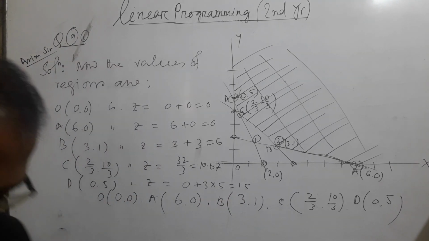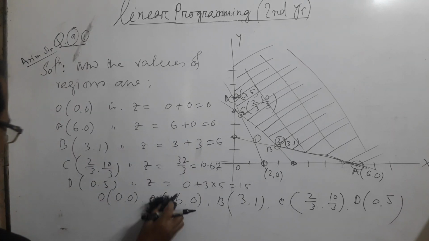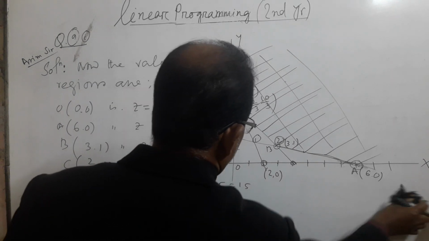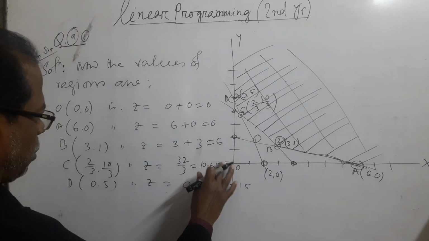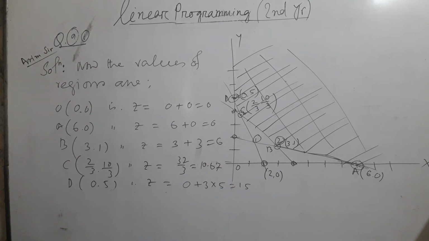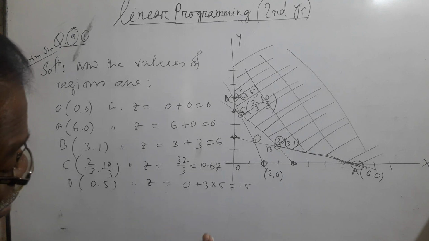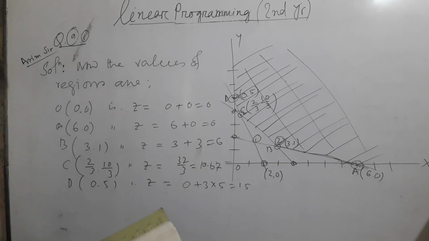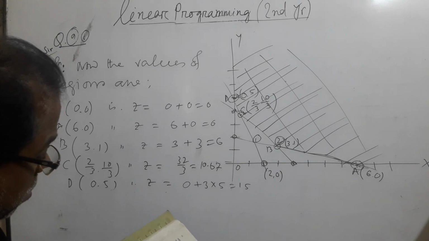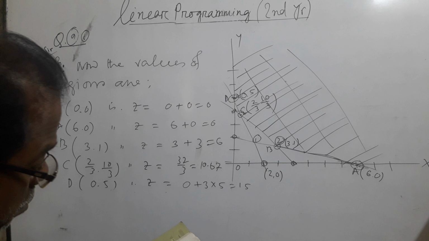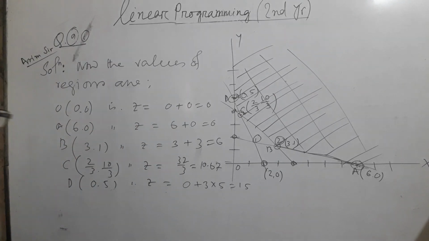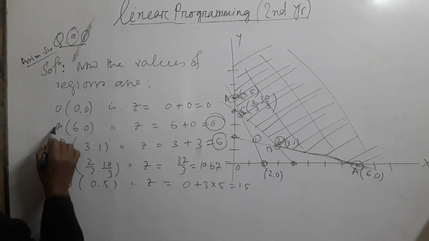So the collection of minimum values subject to the constraint. The minimum value is 6, at A and B.